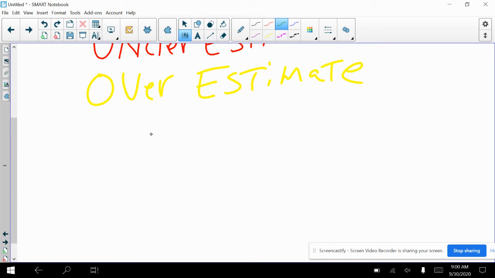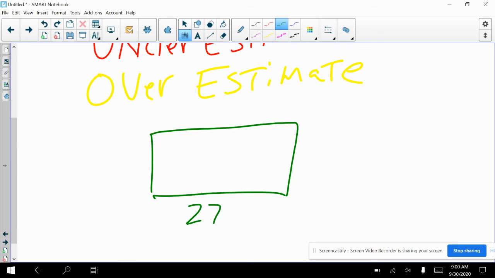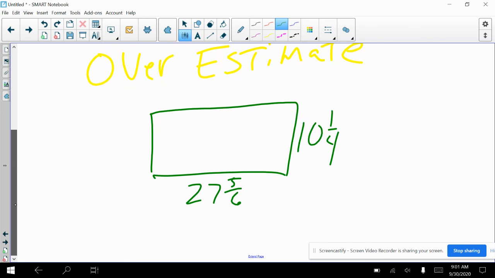what happens if the problem looks like this? Okay, and we'll just say we're going to paint the ceiling. That's a ceiling. I don't know. Making something.